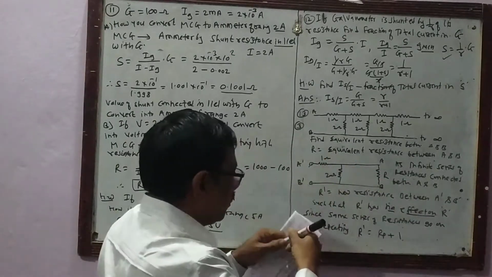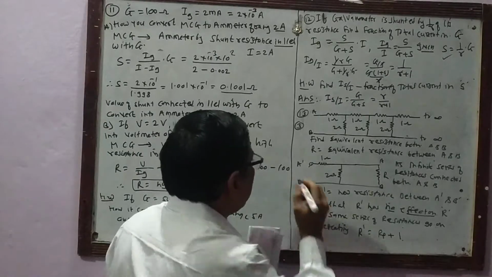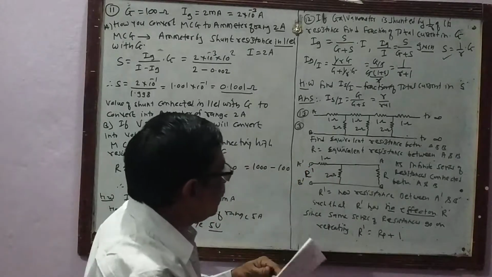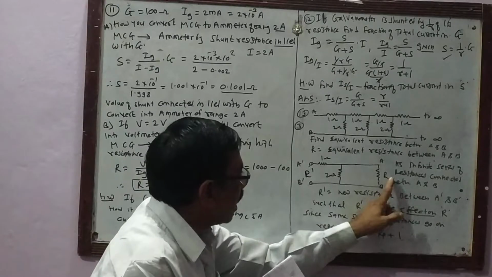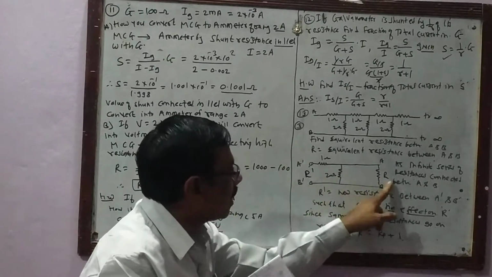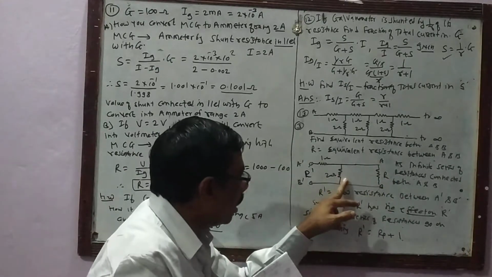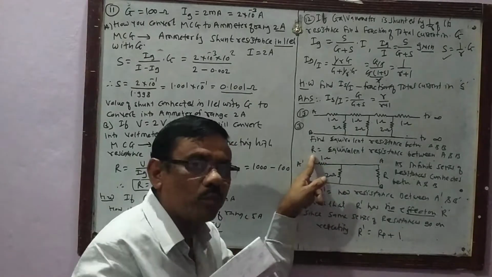The equivalent resistance between these 2 points is R dash. From this point, R and 2 ohm are connected in parallel, and this parallel combination is connected in series with the 1 ohm resistance.